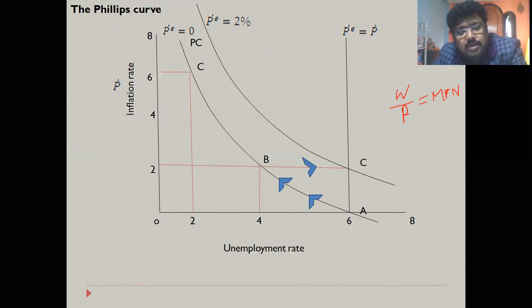And as they ask for higher nominal wages, this Phillips curve will shift to this curve at the inflation rate 2%. They are expecting now that the inflation rate is 2%.